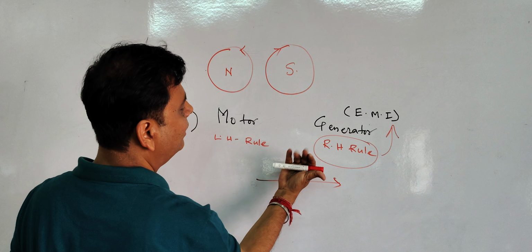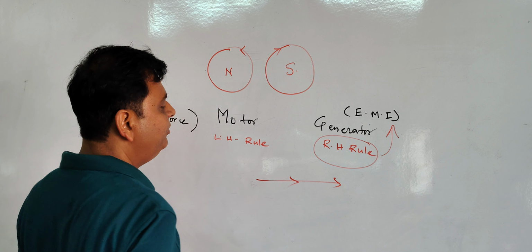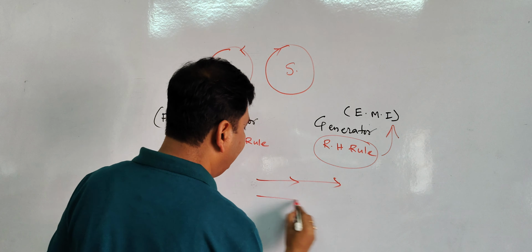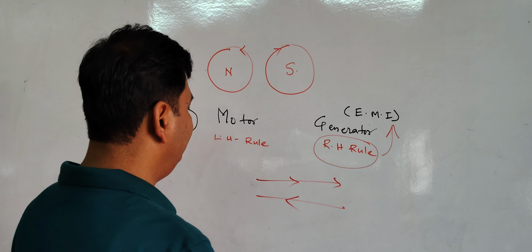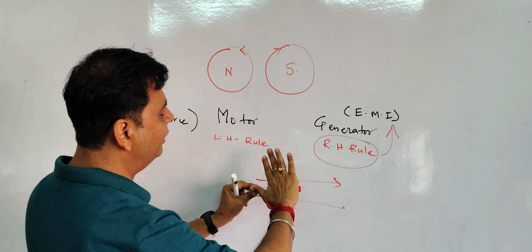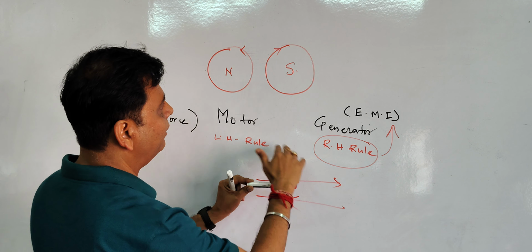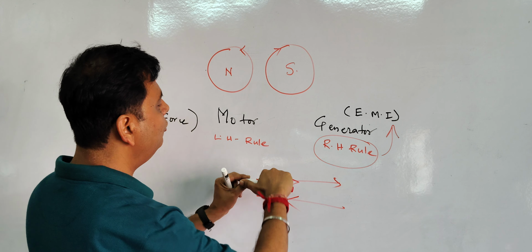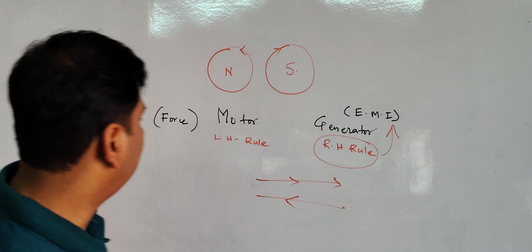This means the magnetic field is outward here. Similarly, if I change the direction of the current to this direction, from right to left, again the fingers are curling, and the magnetic field is into the paper, into this board. That is how we can find the direction of the magnetic field using the thumb rule.